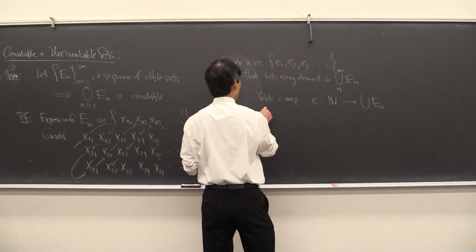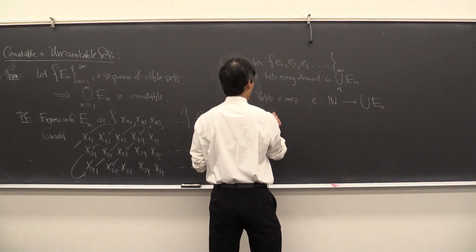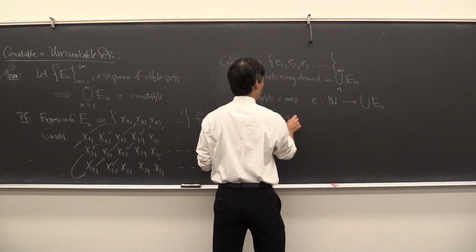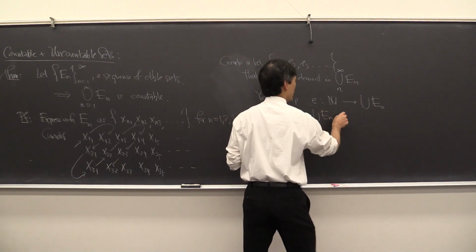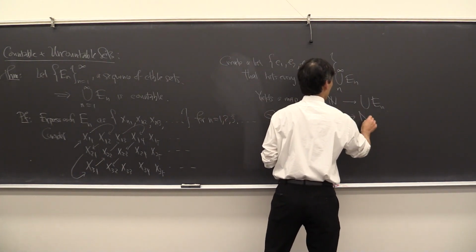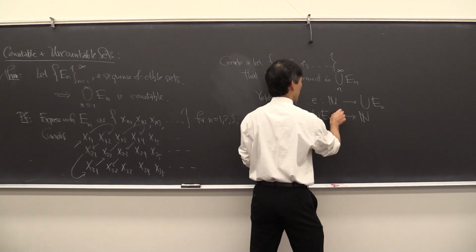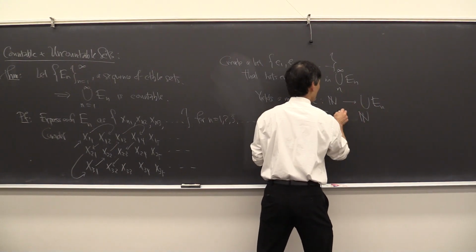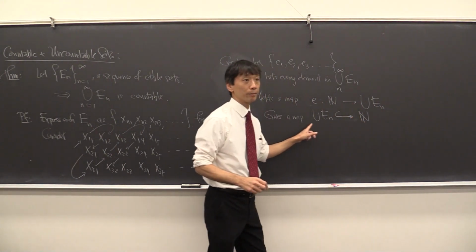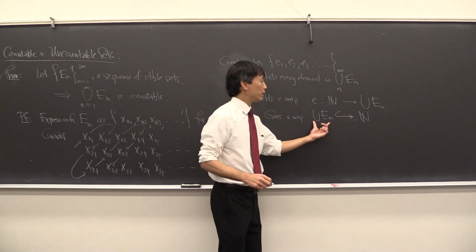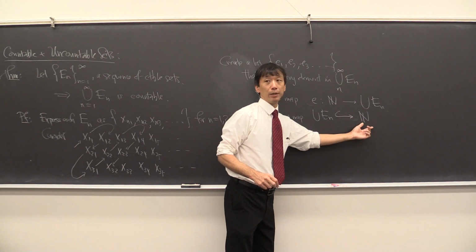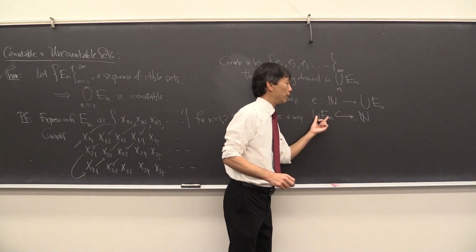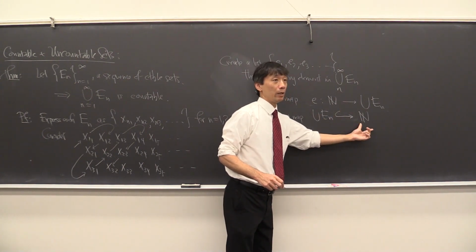And so that gives a map from the union into N. So what we have is a correspondence between this and a subset of N.